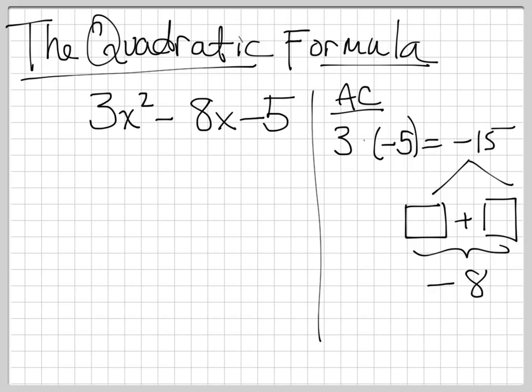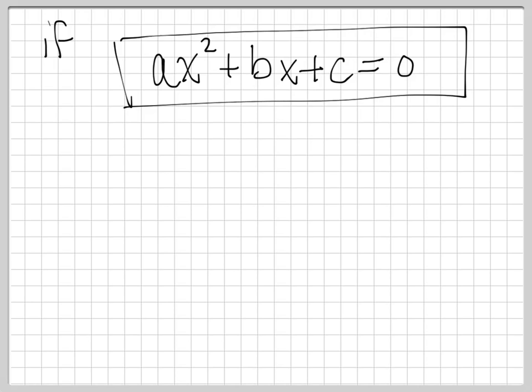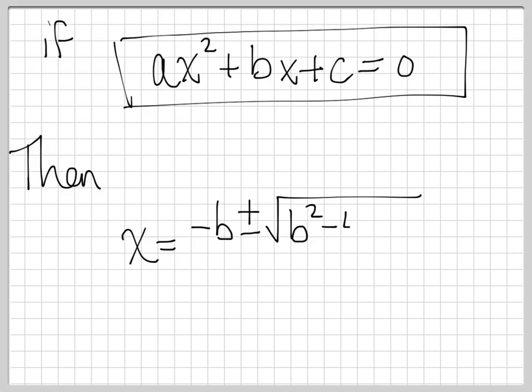So we're going to need a more advanced method for factoring. So if you have ax squared plus bx plus c equals 0, if you start with this magic equation, then the quadratic formula tells us that x has to equal negative b plus or minus the square root of b squared minus 4ac, all divided by 2a.